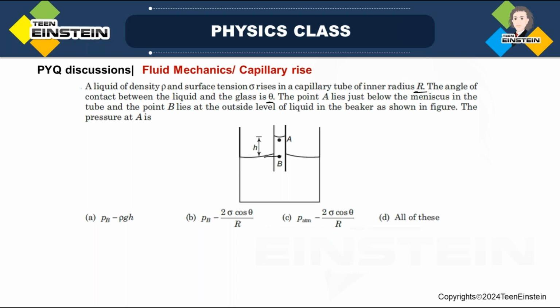So this much is actually H rho G. This is the pressure at B. Okay, so the question is: how much will be the pressure at A?